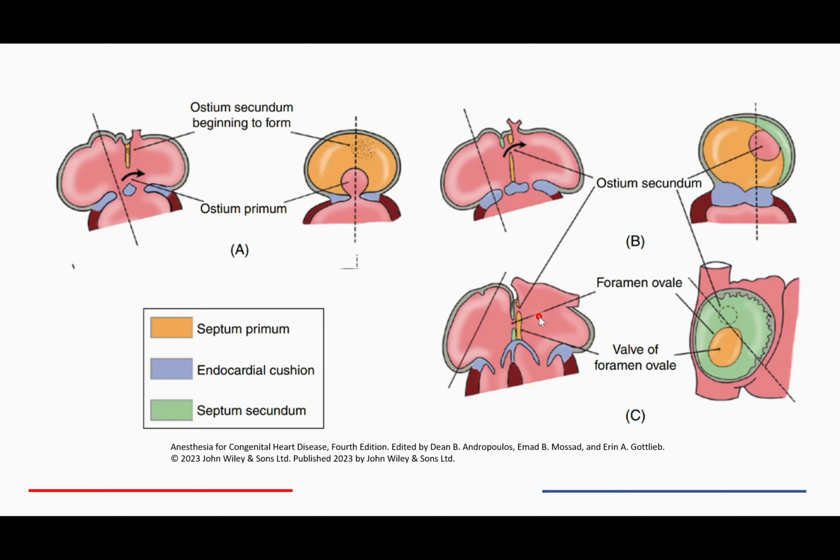So if the hole inside the septum primum is large enough to cover also the foramen ovale, this becomes the ASD secundum.